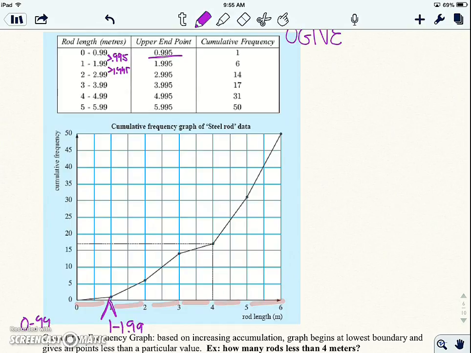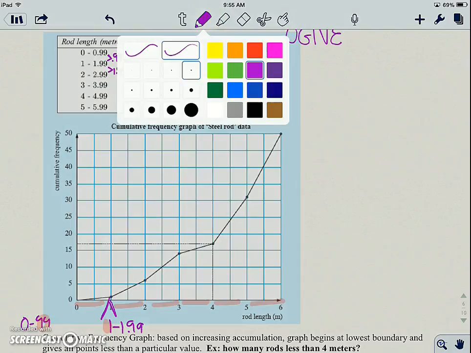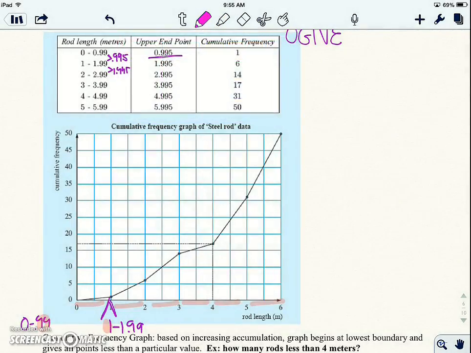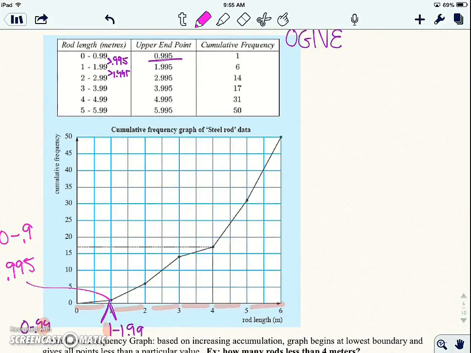But like I said, there's that space between 0.99 and 1. So they claim that this point right here is 0.995. It's the cutoff. Okay? So any rod lengths between 0 to 0.995 would go between here and here. And anything from above that would go here and here.